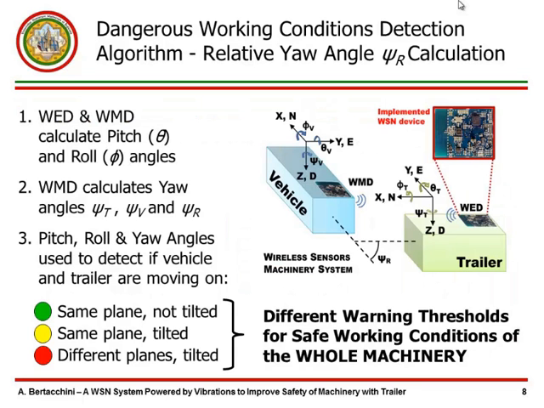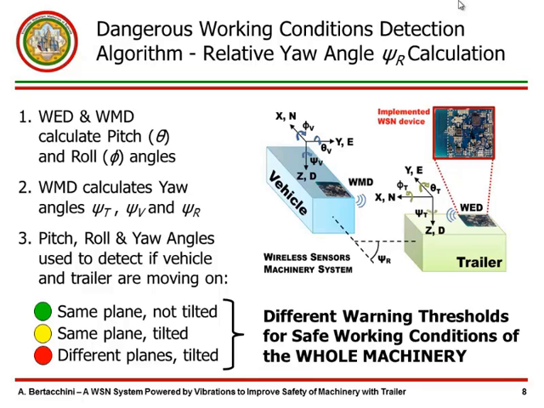To detect the dangerous working condition of the whole machinery, we need also to know where a vehicle and trailer are operating. Both master and device use the measured acceleration to calculate their pitch and roll angles, which are used to detect the respective risk level condition, as I said before.